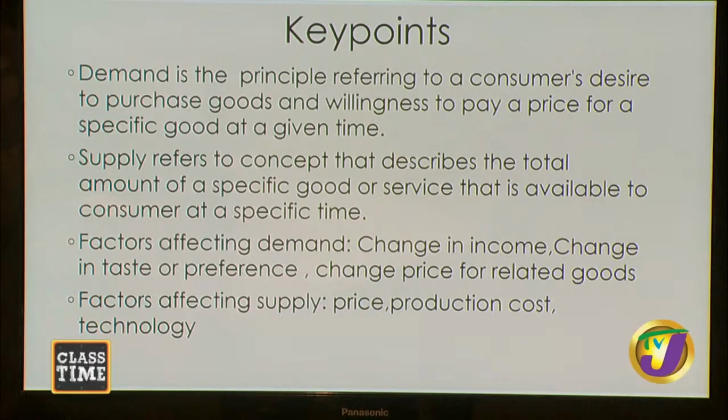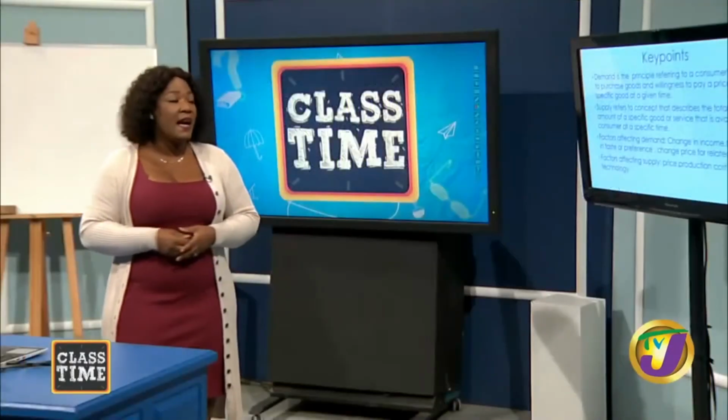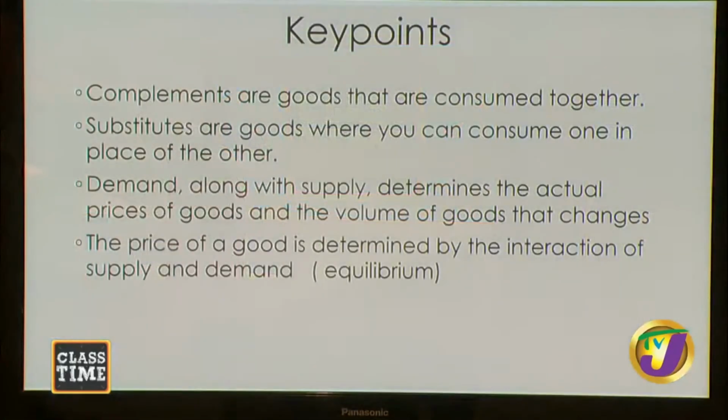3, we looked at some of the factors that impacted demand: change in income, change in taste or preference, change in price of related items. We also looked at the factors affecting supply: price, production, cost, and technology. We also looked at complementary goods and substitute goods. Complementary goods are consumed together.